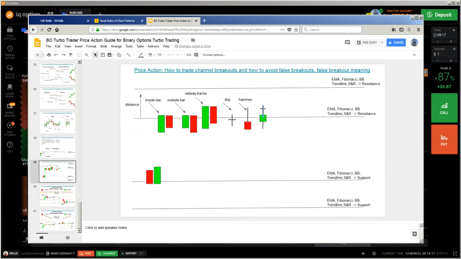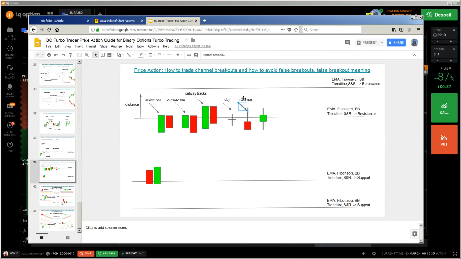What is valid for the support and resistance areas, like horizontal lines, is also valid for EMAs, because I saw this question in the Facebook group. Yes, it's also valid for EMAs and so on.